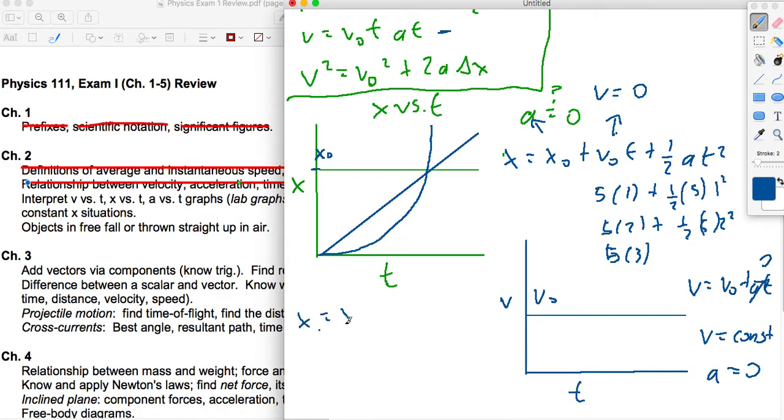Because again, x equals x naught plus v naught t plus 1/2 a t squared. Now notice the t squared. Remember from our geometry classes and trigonometry, if it's a square, it means it's going to ramp up, right? If it's just linear, so linear being y equals mx plus c, it will go in a line, which is what we have right here.